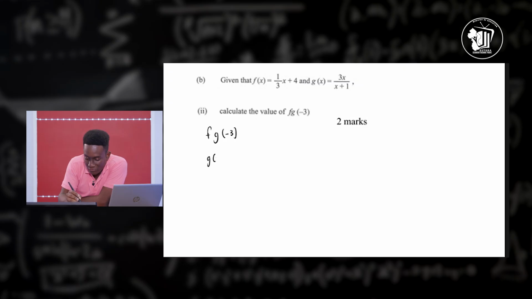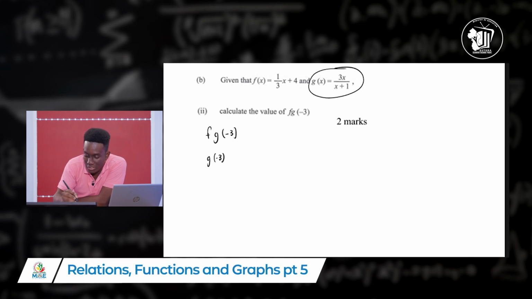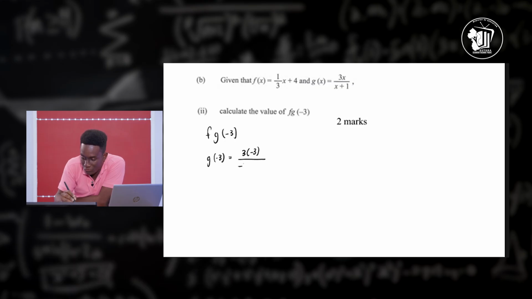So g of negative 3, we're substituting negative 3 into the g of x function. Instead of x, we'll have negative 3, all divided by negative 3 plus 1. So 3 times negative 3 will be negative 9, over negative 3 plus 1, which is negative 2.